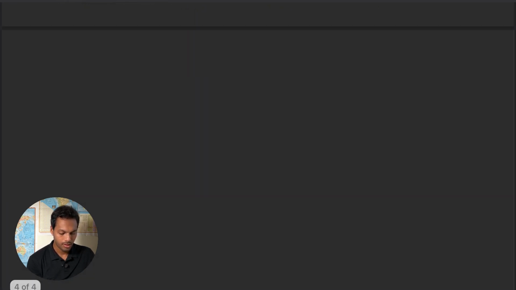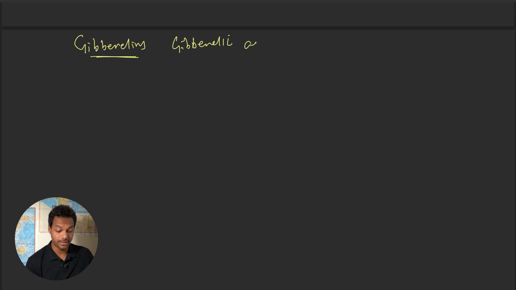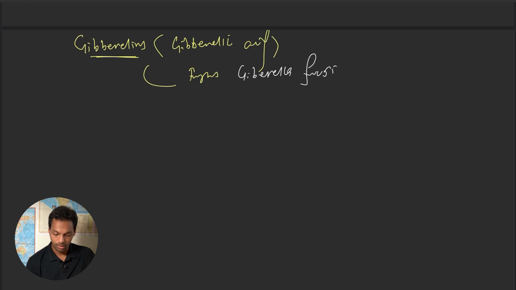Gibberellins are also called gibberellic acids. It was first isolated from one fungus, Gibberella fujikuroi, by Kurosawa from Japan.